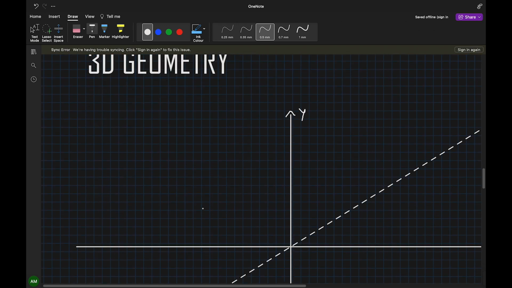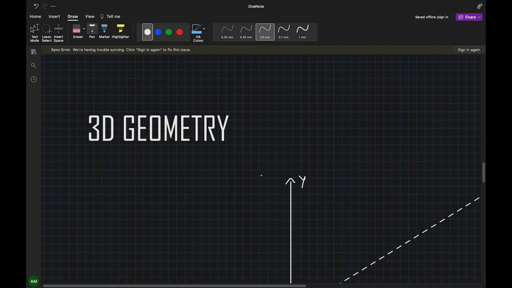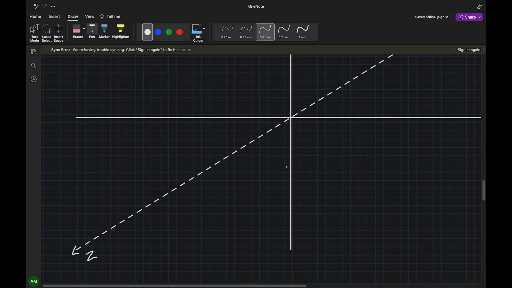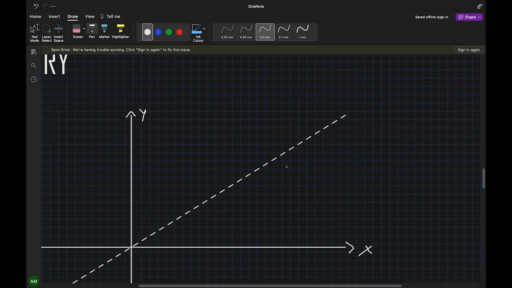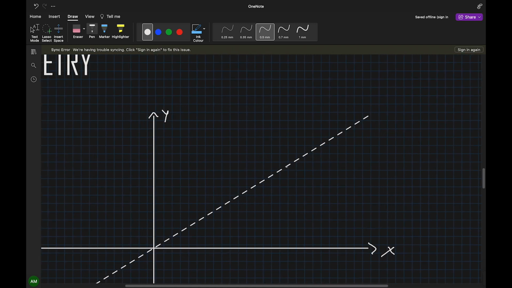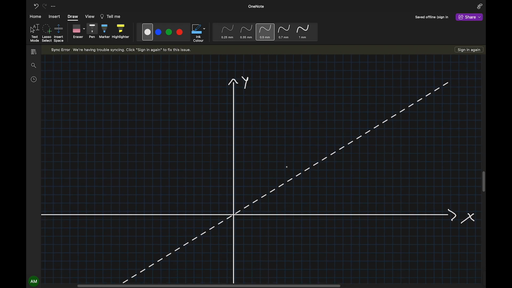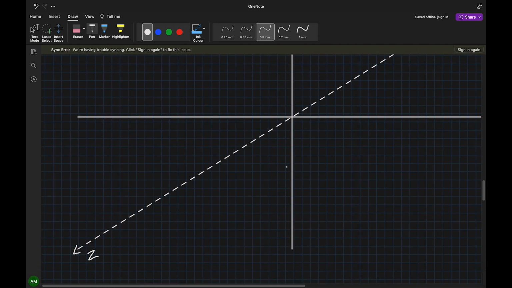Now let us talk about 3D geometry. This is something you are going to learn again in class 11th and class 12th combined. Okay, 3D geometry. What all are there? First of all, you have x-axis, y-axis, and z-axis.